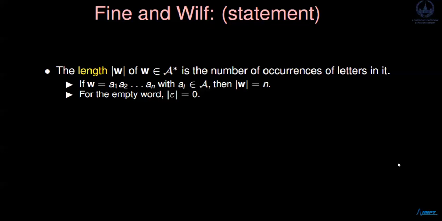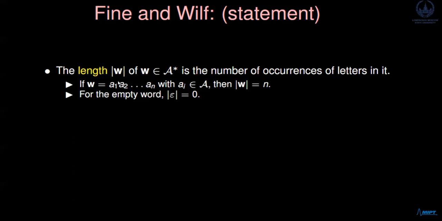Next, we will define formally the length of a word, denoted by the absolute value of w. The length of a word w in A star, the set of all finite words over an alphabet A, is simply the number of occurrences of letters or symbols in the word.